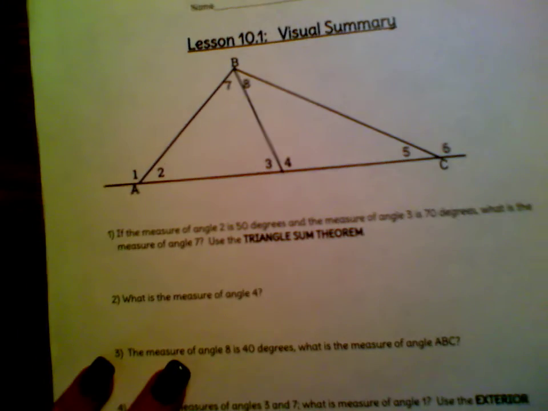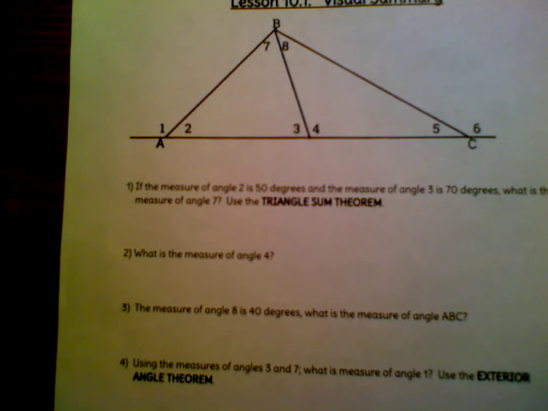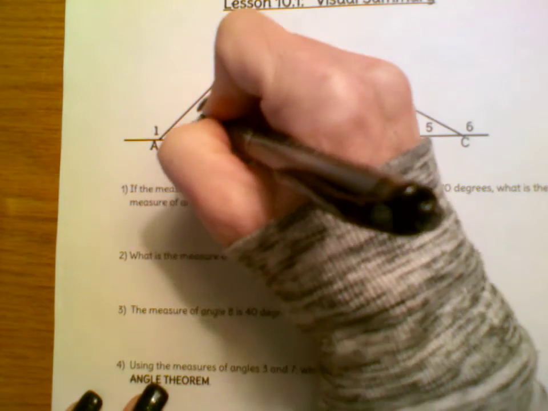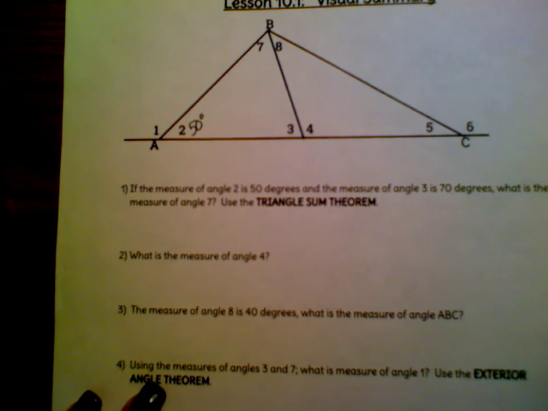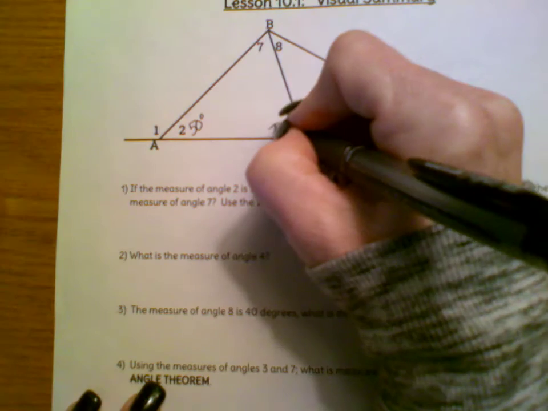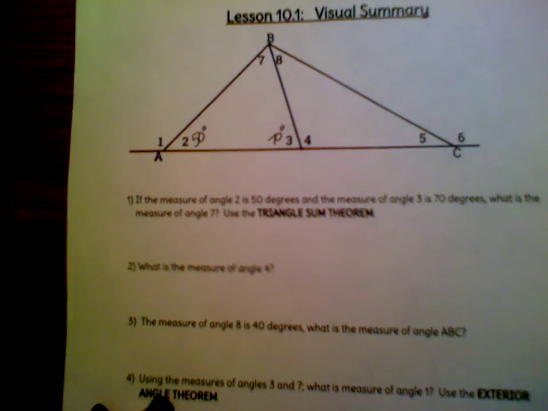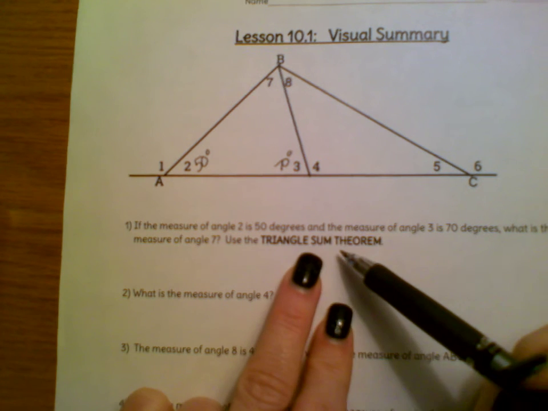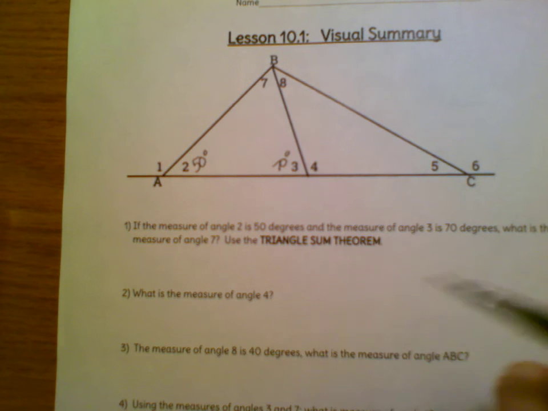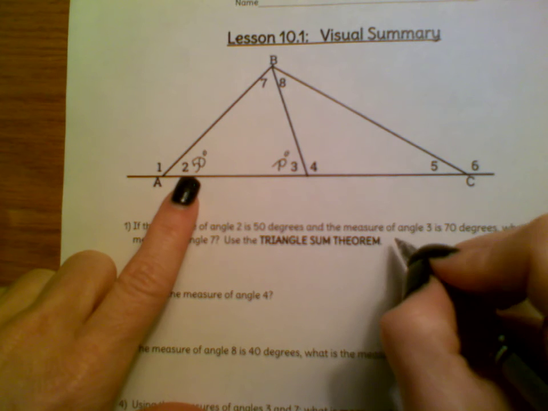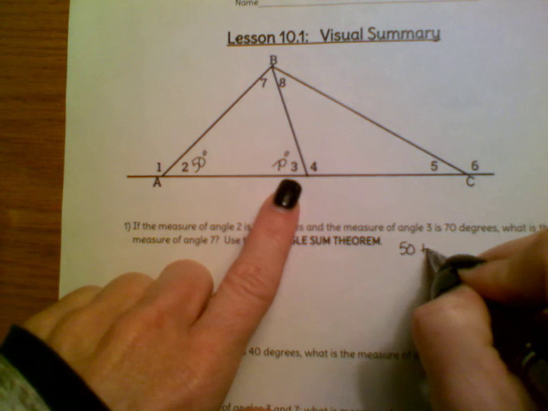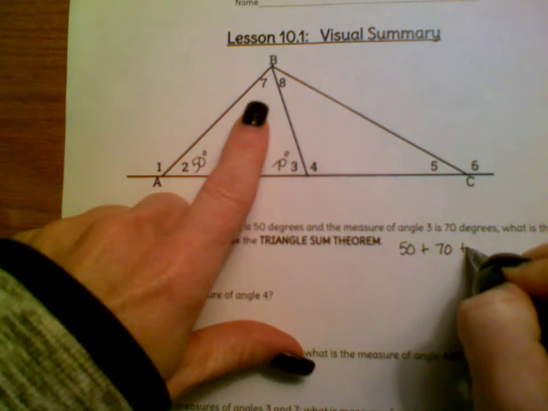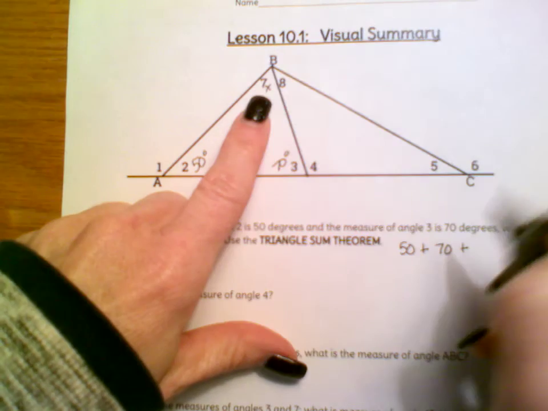Okay, so let's look at this visual summary. If the measure of angle 2 is 50 degrees, and the measure of angle 3 is 70 degrees, what is the measure of angle 7? It tells me to use triangle sum. So 3 angles have to equal 180. So I know angle 2, 50, plus angle 3, 70, plus this is my unknown, I'm going to call it x.